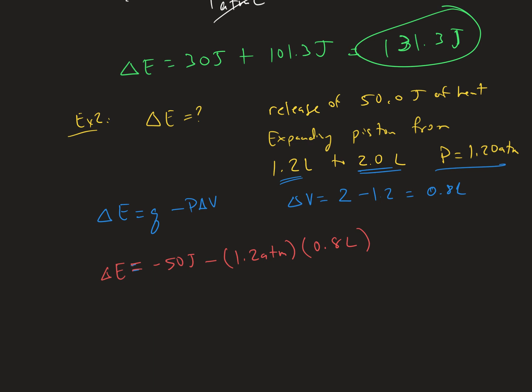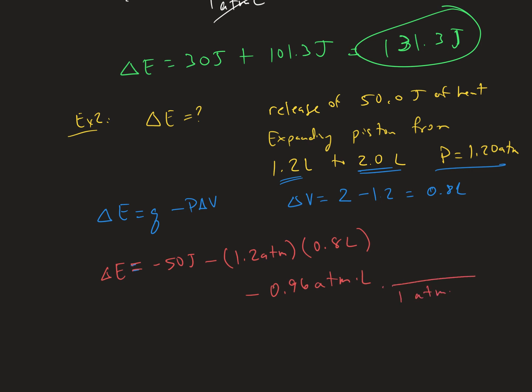We can, definitely. So negative 1.2 times 0.8 is a negative what? 0.96? 0.96 ATM liters. And we can convert it.